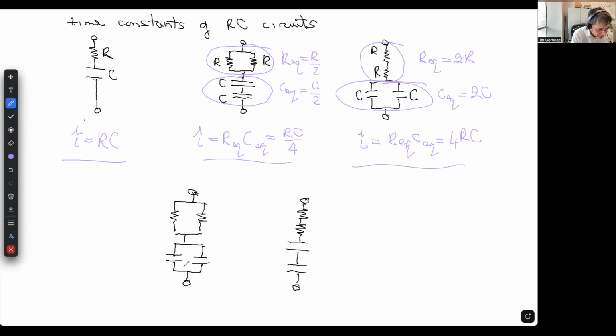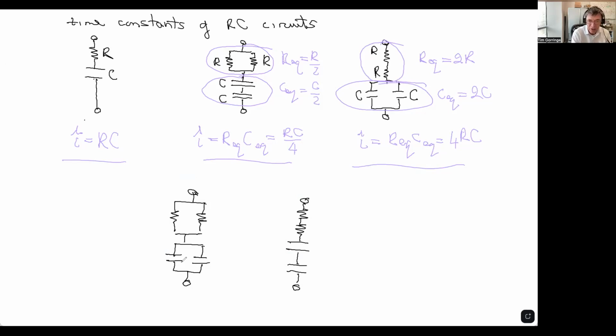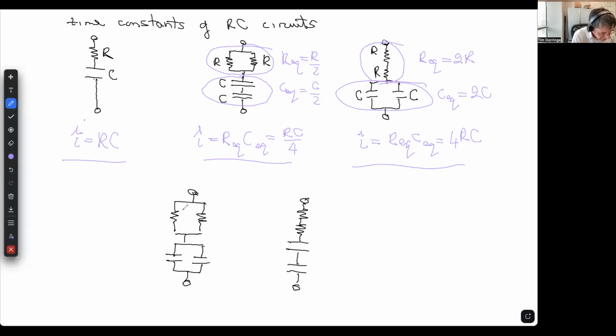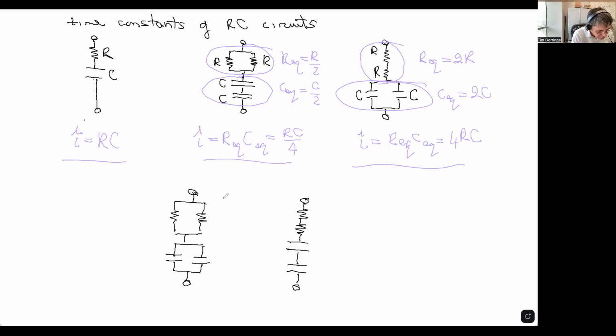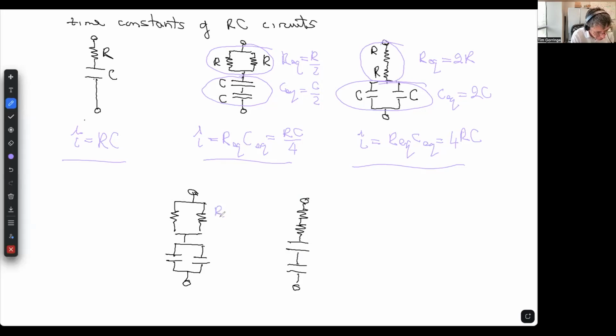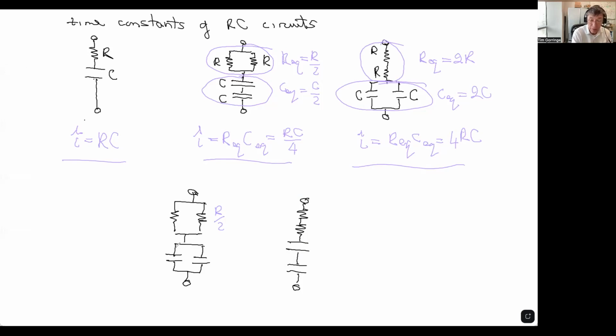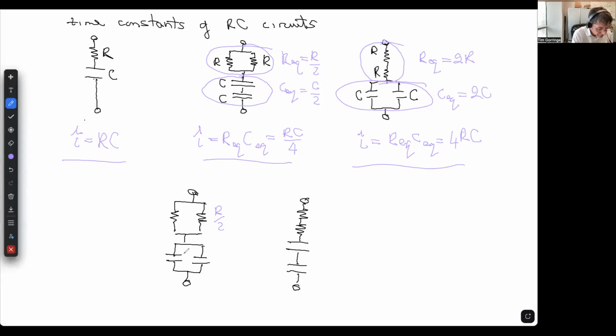For the parallel arrangement of the resistors and capacitors, the equivalent resistance of two resistors in parallel, well, that's a smaller resistance. If they're identical, it's just going to be R over 2. For the capacitors in parallel, that makes a bigger capacitance, more ability to store charge.